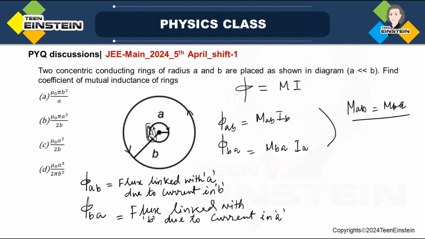Let us say current is flowing in this direction. Let me draw the field lines over here. In the beginning I am just taking the current in this direction in the smaller ring. Sorry, I'll take just the opposite, like this.